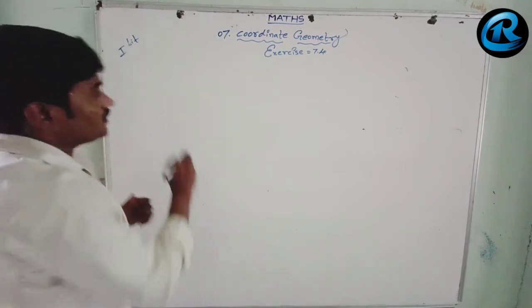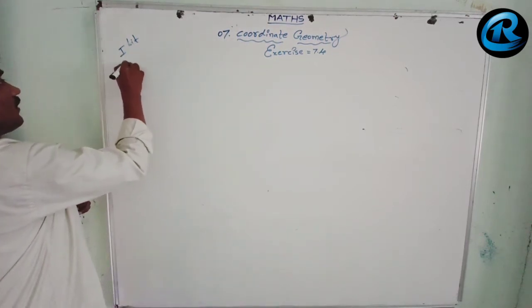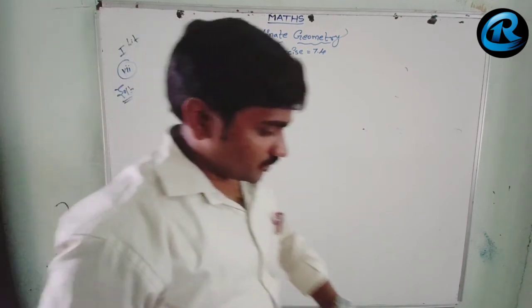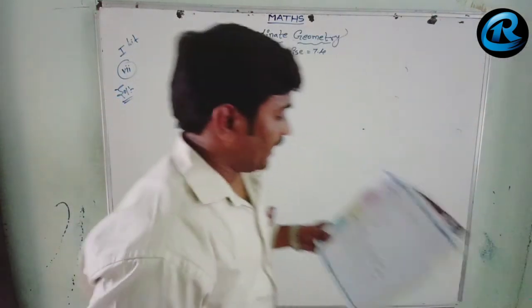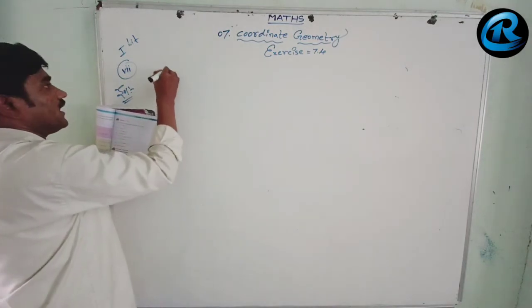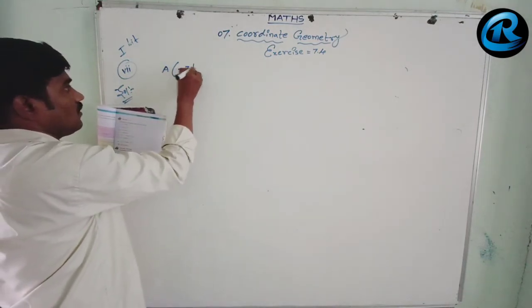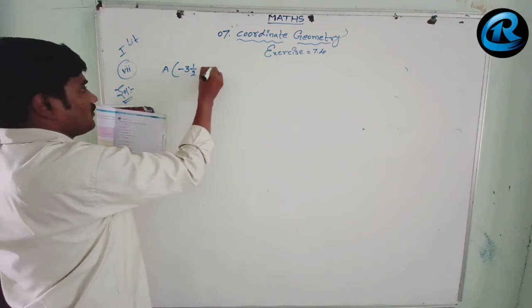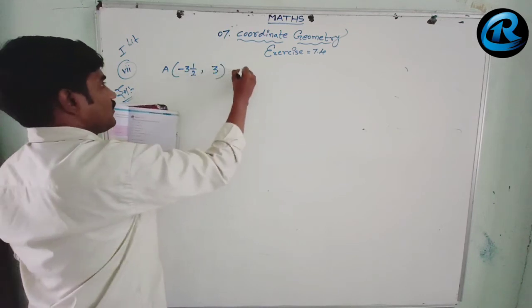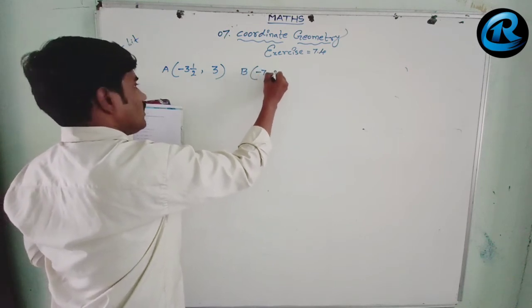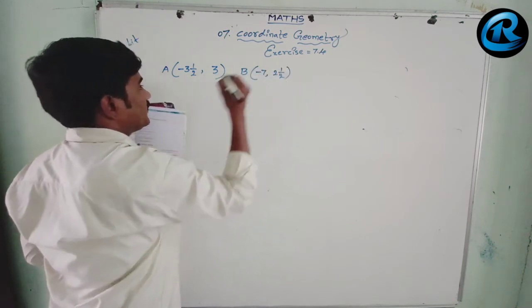Now, question number 7. Point A is minus 3 whole 1 by 2, comma 3. The point B is minus 7, comma 2 whole 1 by 2.